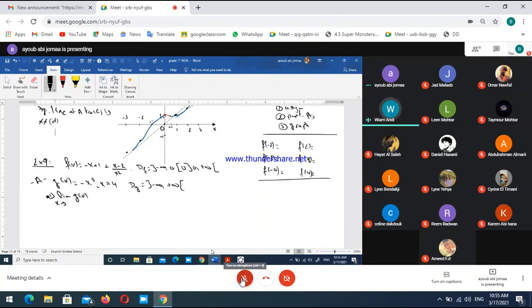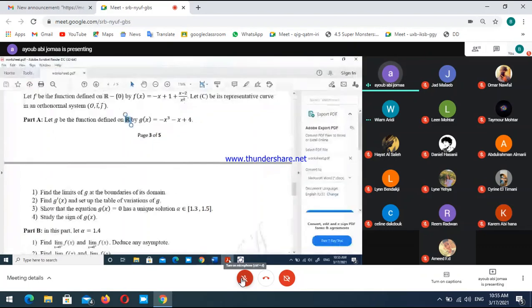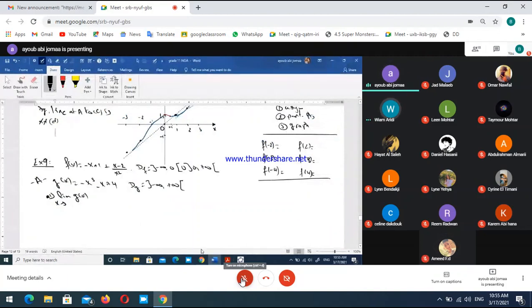I'm not asking you to find the horizontal asymptote or anything, I'm asking you to find the limit of g at the boundaries of its domain, meaning x approaches positive infinity or negative infinity. You have to find the limit of g of x as x approaches negative infinity, and the limit of g of x as x approaches positive infinity.